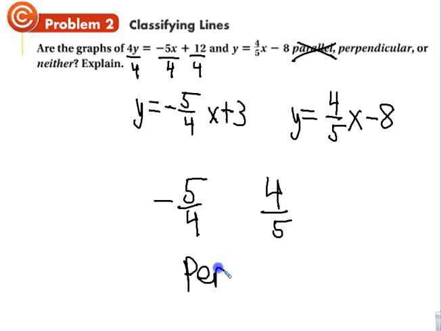Yes. So these two are perpendicular. Okay. So we do that by finding the slopes, and we have to put them in the same form. Whatever form this is, we don't know the slope. We have to get y by itself.